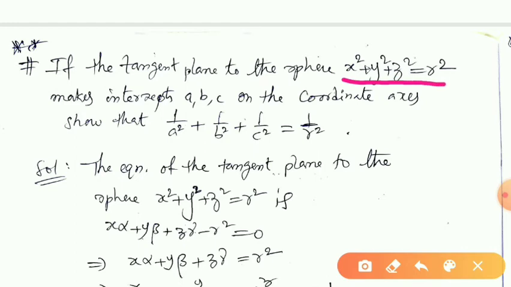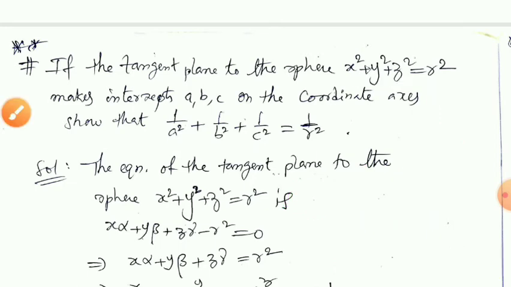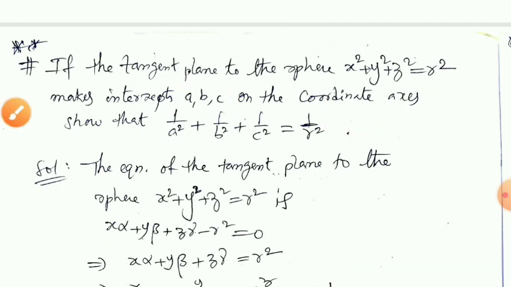The sphere is the sphere whose center is the origin and whose radius is r. So one tangent plane of the sphere cuts the coordinate axes, making the intercepts a, b, c. Then we have to prove this.